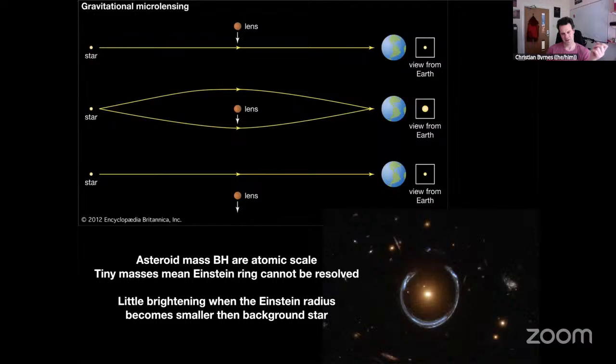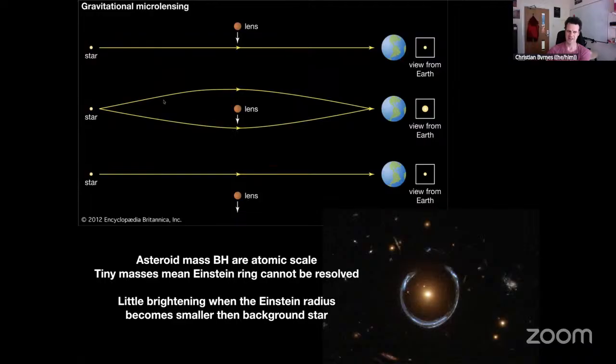What happens is that although you can't see an Einstein ring in principle, in practice, the bending of light as the lens moves in front of the star will create a temporary brightening. And it's the fact that this effect is temporary and has a well-predicted light curve, which means that you can know if you've seen a microlensing event.